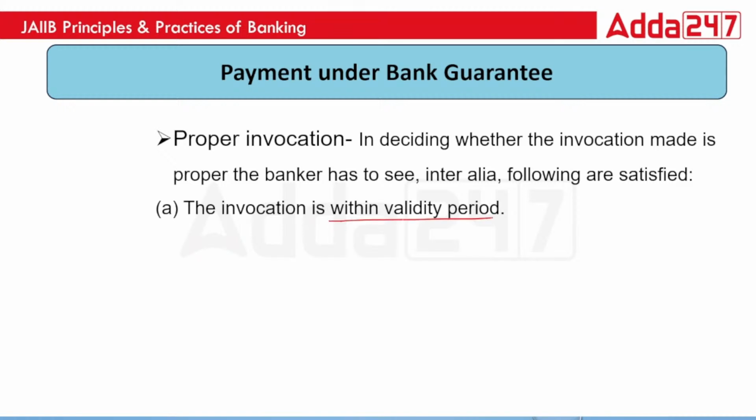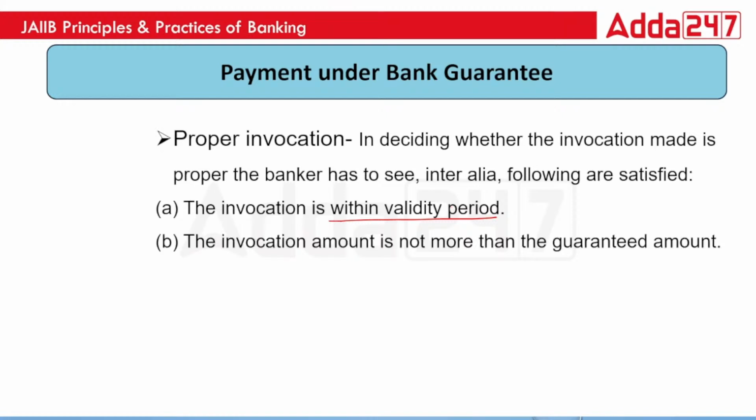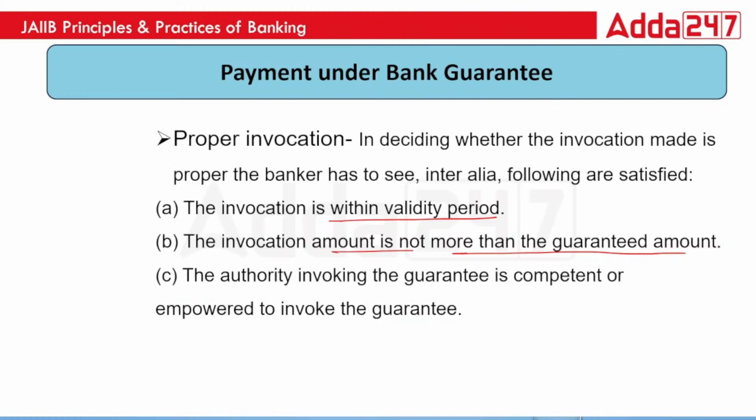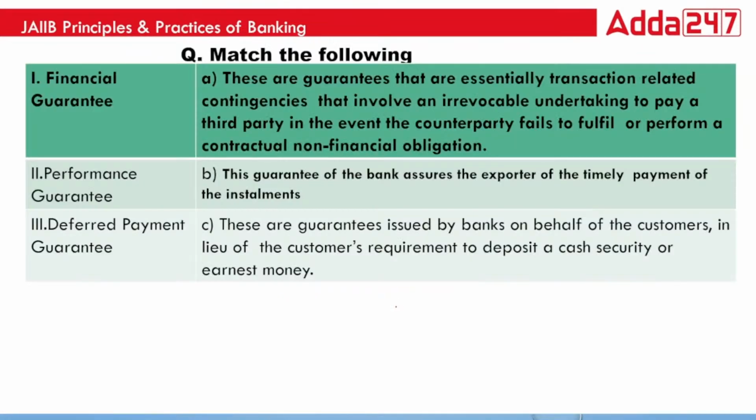First, the invocation of that guarantee is within the validity period. Second, the invocation amount is not more than the guaranteed amount, because the bank will not pay more than what it had guaranteed. And third, the authority which is invoking the guarantee is competent and empowered to invoke that particular guarantee.